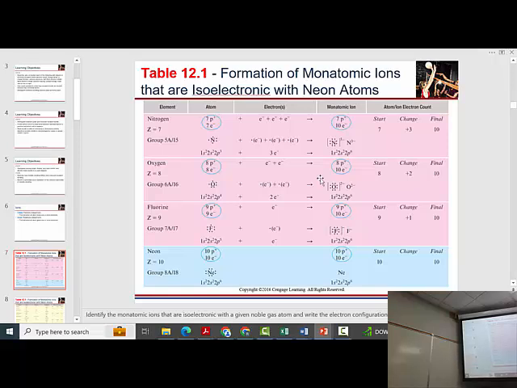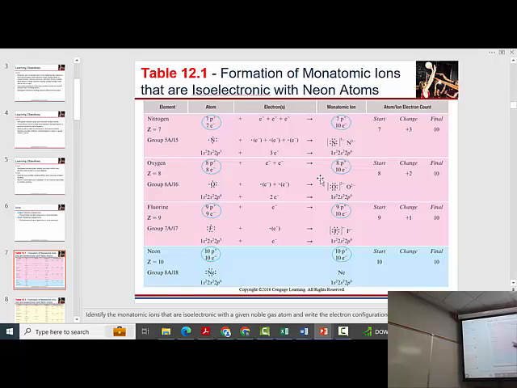The +3 is still difficult, so you don't normally see a nitrogen 3+ ion. It's too unstable. So that +3 charge is stabilized with oxygens and other species to form a polyatomic ion, and so we don't see monatomic ions. However, nitride we do. Nitride can be a monatomic ion with 3 extra electrons and 3 minus.